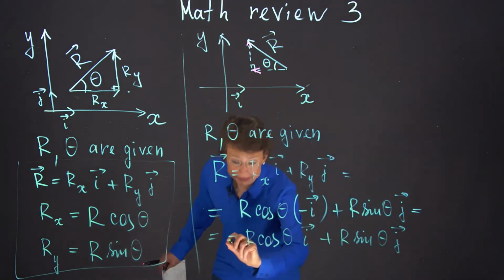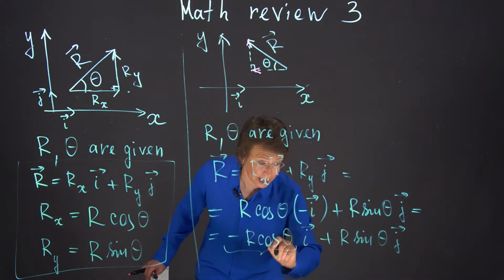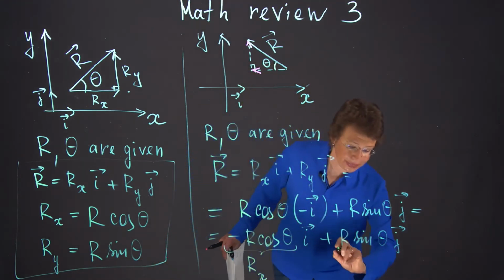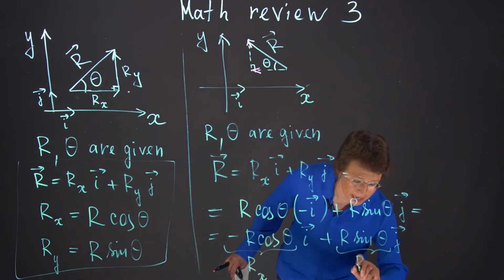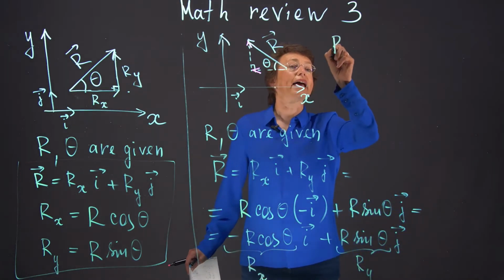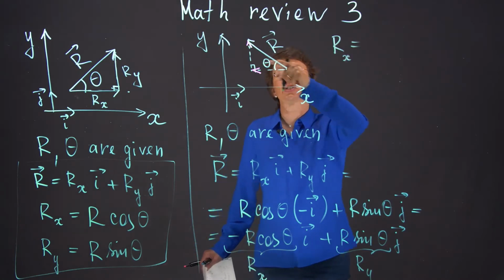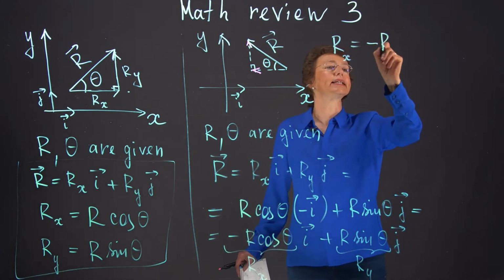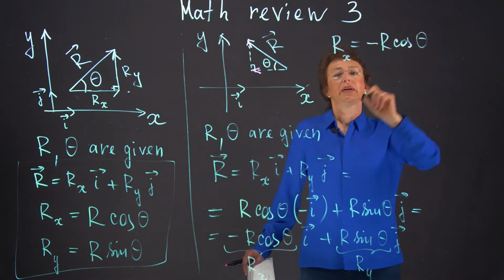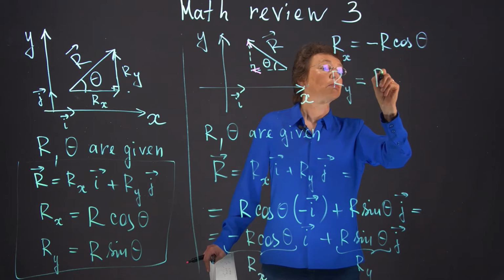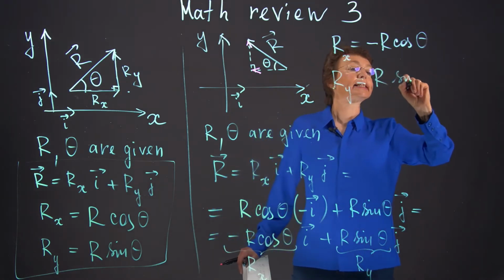And we know that everything that is in front of i is r sub x, and what is in front of j is r sub y. Problem solved. What is r sub x? The projection of this vector r on x is negative. It is minus r cosine theta. The projection of r on y is positive. It is plus r sine theta.